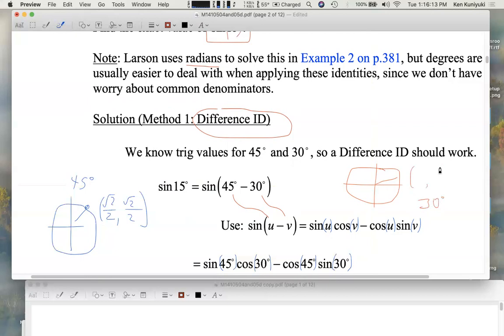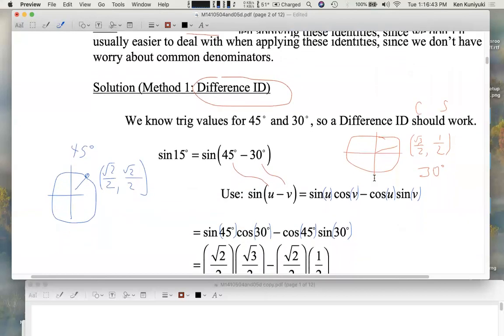Low y coordinate, low sine value, that was 1/2. You could say 1/2 is not that low, but it's a lot lower than the x coordinate, the cosine value, which is root 3 over 2. Or you could get these from a table, or a big unit circle, or a quarter of the unit circle that you've mind dumped on the back of your test.